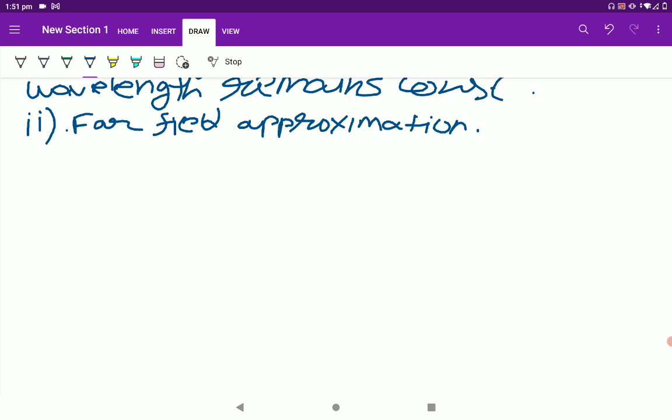That is, we will deal with the far field approximation. Let me plot.